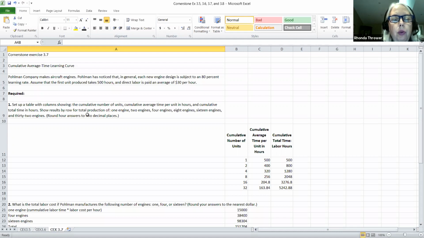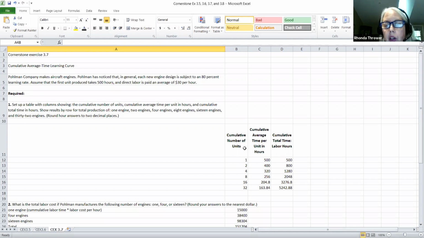Show results by row for total production of 1 engine, then they doubled it to 2 engines, then 2 to 4 engines, then 4 to 8 engines, then 8 to 16 engines, then 16 to 32 engines.